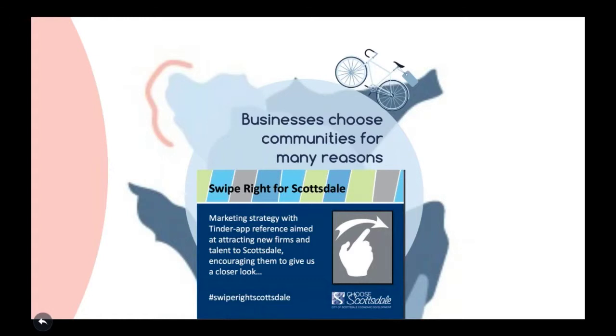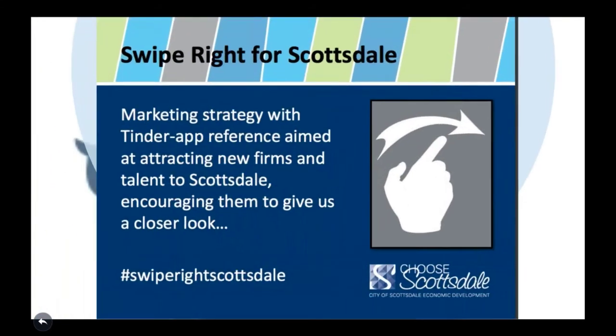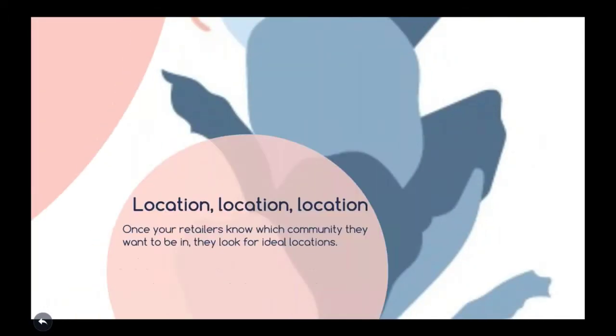They were trying to get information, capture attention, draw more people to the area and create some excitement around that community as a place where one would want to be living, working, and opening a business. It was quite a creative way to do that.